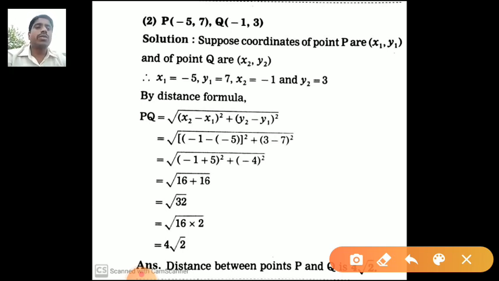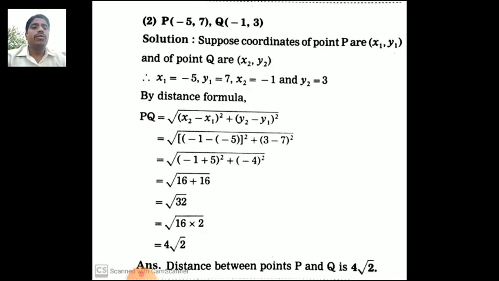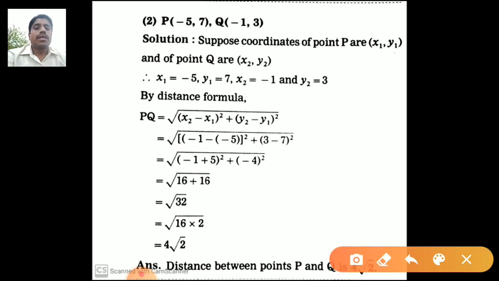First, suppose the coordinates of point P are (x1, y1) and the coordinates of point Q are (x2, y2). That means x1 means -5 and y1 means 7, and x2 means -1 and y2 means 3. By using the distance formula, we put the values of x2 minus x1 and y2 minus y1.